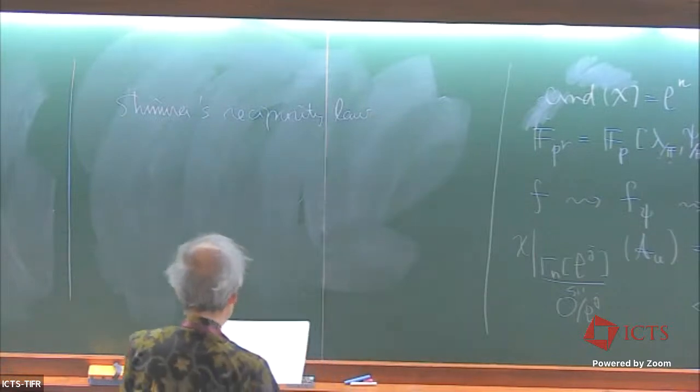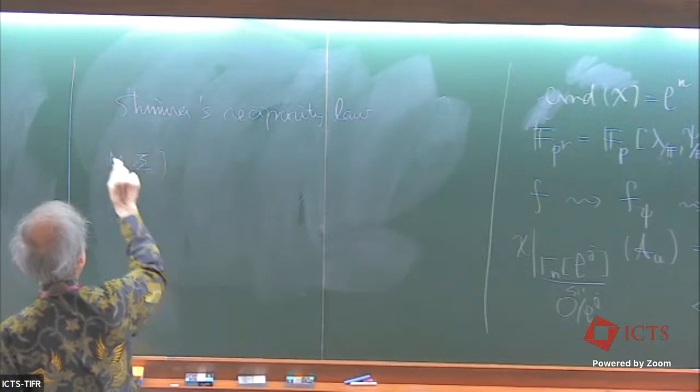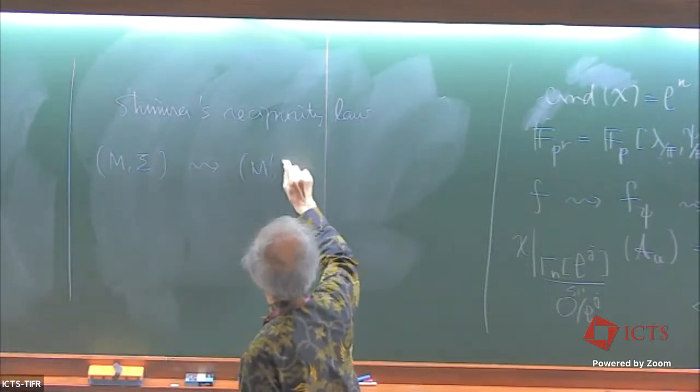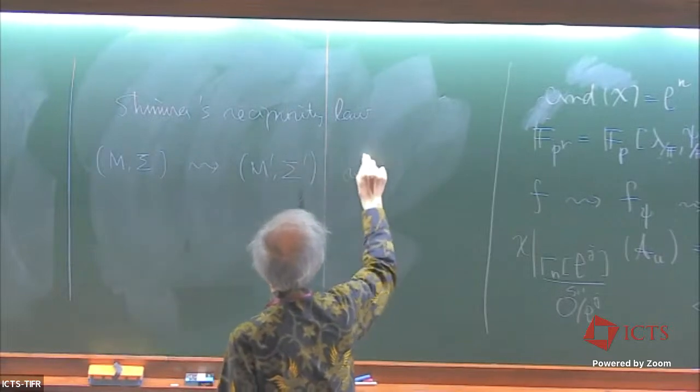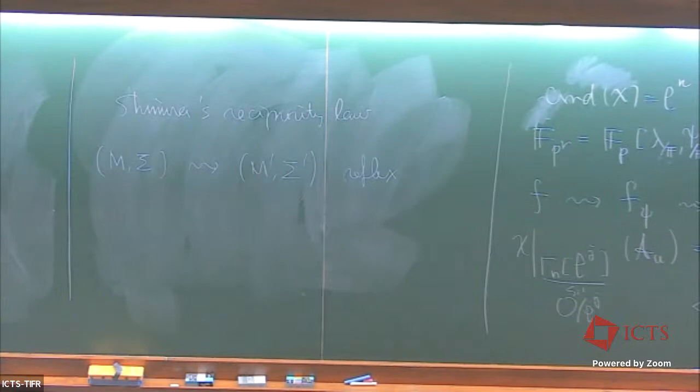All right, so I have M, sigma, a CM type. Then I have its reflex. This Shimura-Taniyama-Weil thing, you see, you have a modular curve, you plug in a CM point, you get an abelian extension of your imaginary quadratic field.